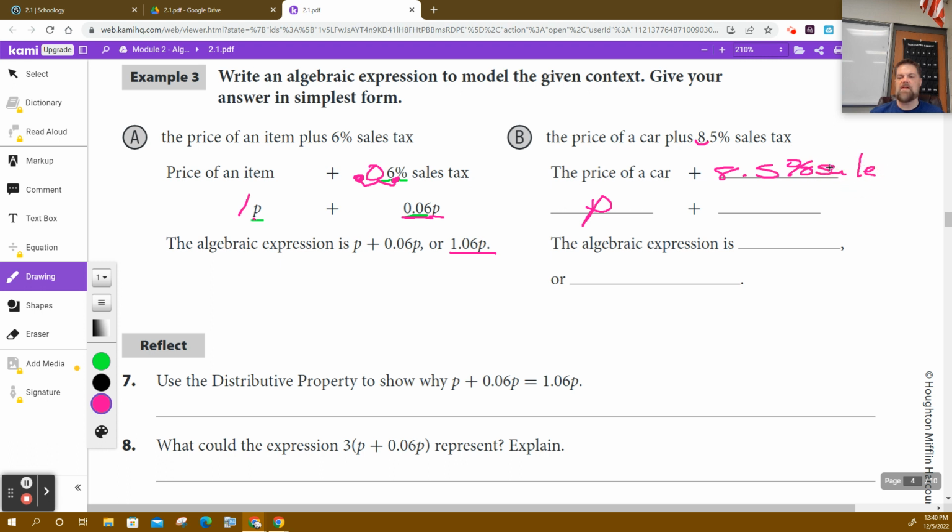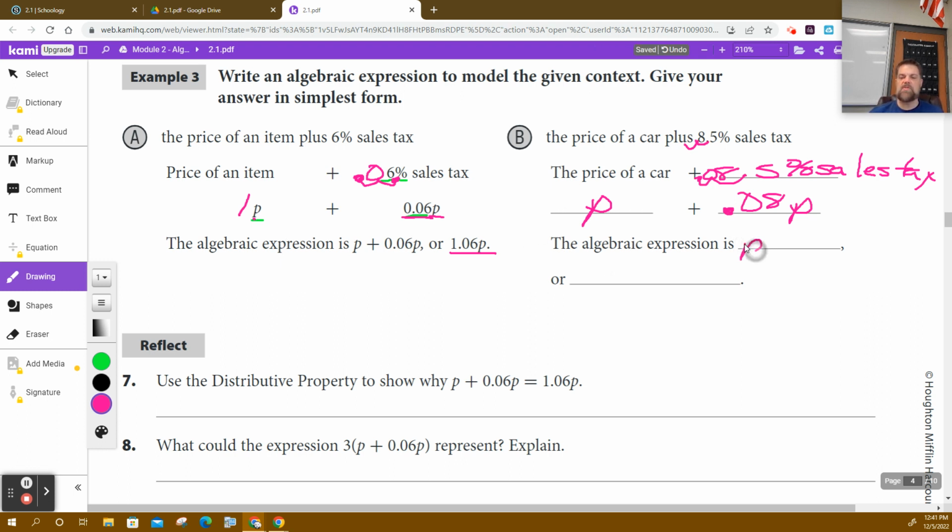We're writing mathematical models. That's the same as 0.08, right? Because I got to move it over 2. I got to go 1, 2, put the 0 there. So that's 0.08 times the price of the car, but we said the price of the car is P.